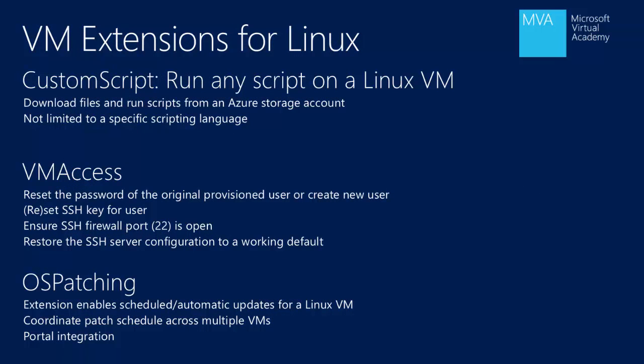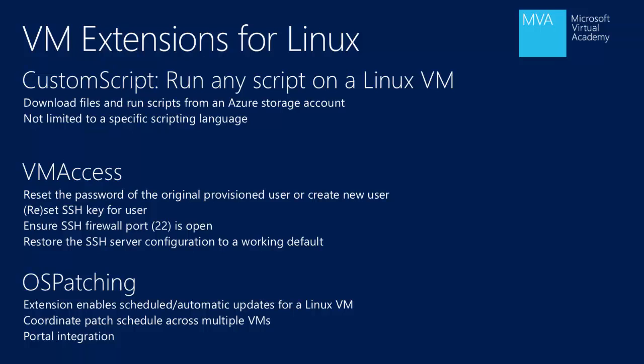So currently the VM extensions for Linux are the custom script extension, the VM access extension, and the OS patching extension. I'm going to talk about these three first, then we'll move on with the partner extensions. So for custom script, it's really handy. Let's say you want to install a feature or install Apache, for example, on a Linux virtual machine.